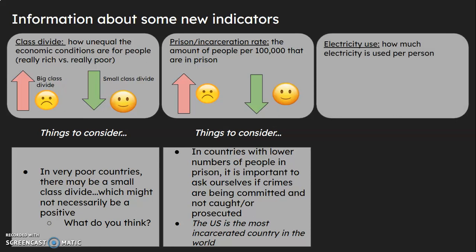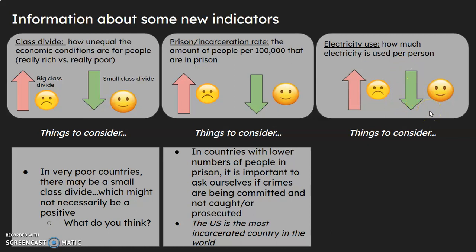Finally, we can also look at electricity use. How much electricity is used per person? So this is also something we can look at in two different ways. Usually, the more electricity, that is not really considered to be a good thing. The less electricity usage per person, the better.